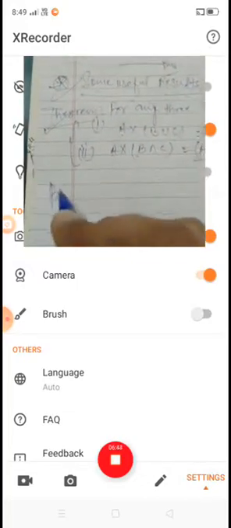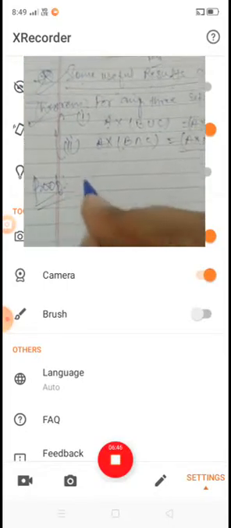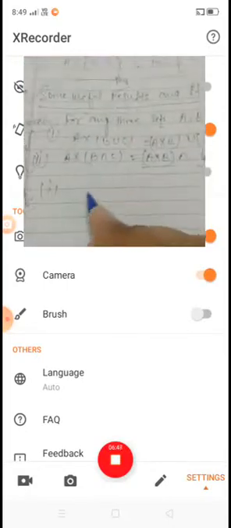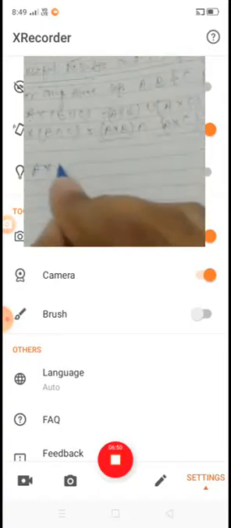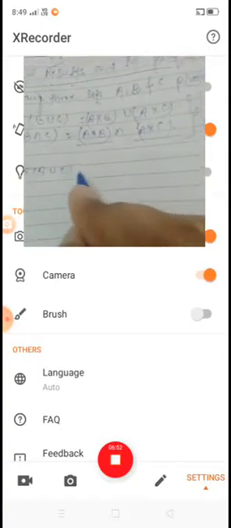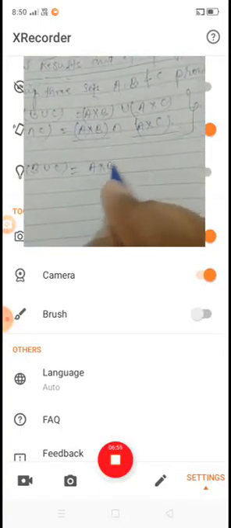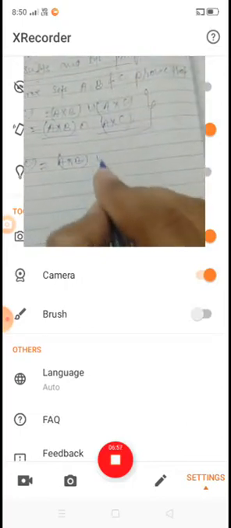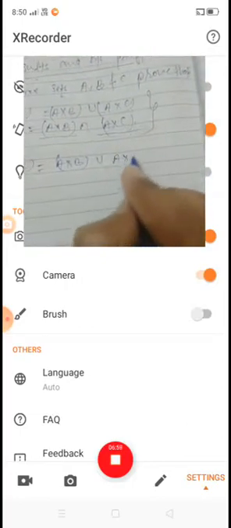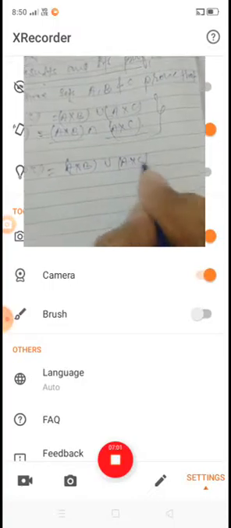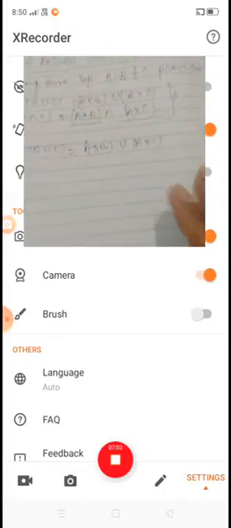We have to prove A cross (B union C) is equal to (A cross B) union (A cross C).